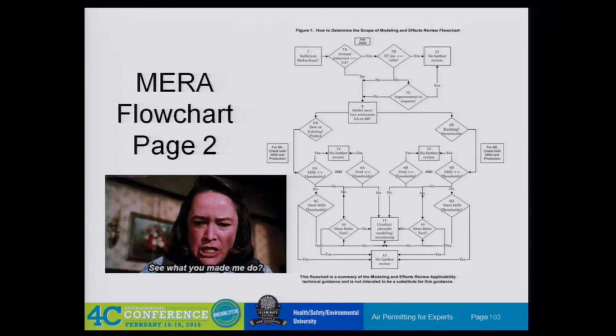And TCEQ is really good about letting you model worst case compounds, if they're coming from basically the same areas and the same sources. If they're somewhere completely different in the plant, that's not going to work. But if they're similar sources, they're usually pretty good about doing that.